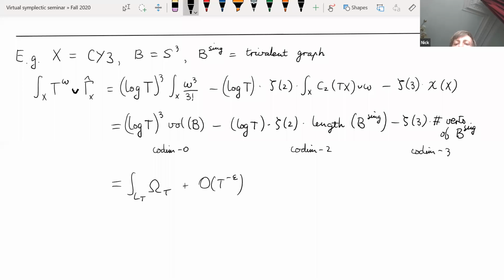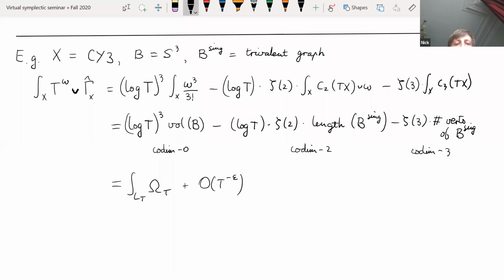And the third term is just minus zeta of 3 times the Euler characteristic of X, which I guess maybe I should have written as the integral over X of c3. All right, so now we want to, as before, interpret this in terms of the affine geometry of the base.